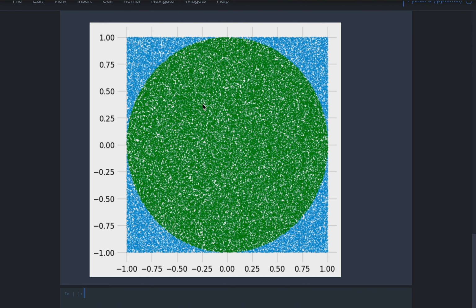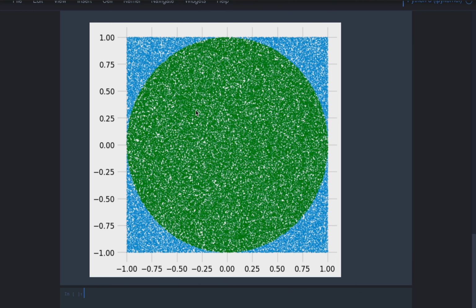Okay. Again, to quickly summarize the problem, we have a square of side 2 meters. Then we have a circle inside the square of radius 1 meter. So we are dropping some raindrops from the top. Now they can fall anywhere within the square, right? Sometimes inside the circle, sometimes outside the circle, but still within the square.